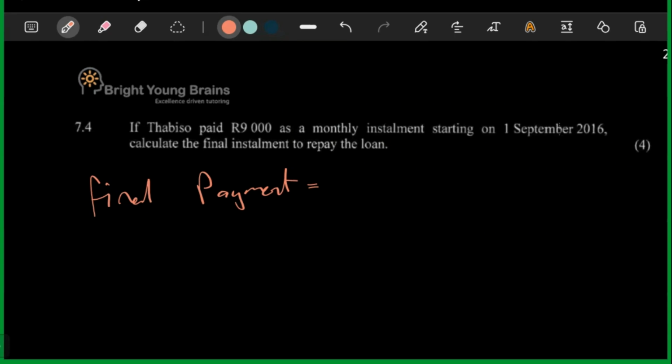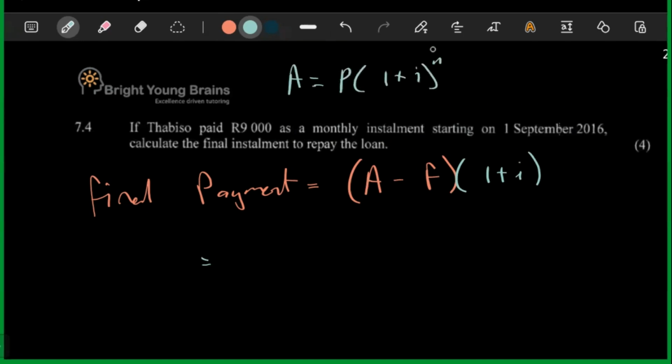So your final payment is going to be A minus F, and this whole thing you have to multiply by 1 plus i. A is your compound interest formula, P(1 plus i) to the power n.